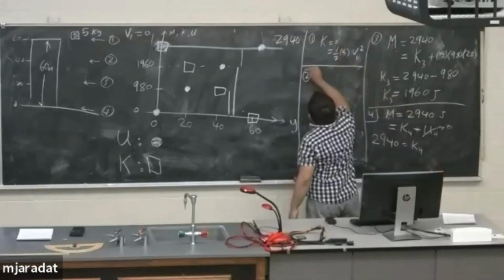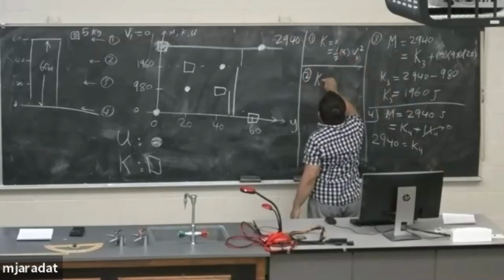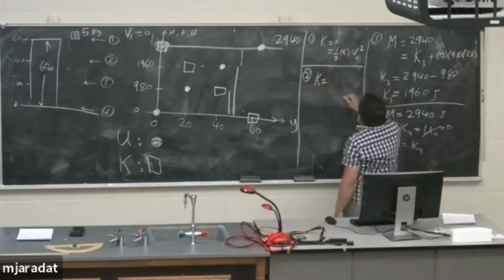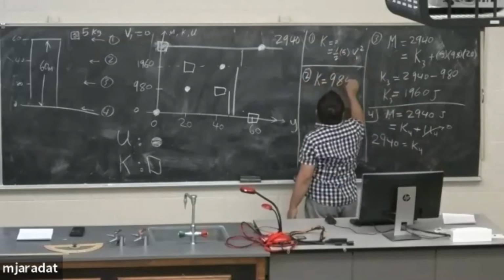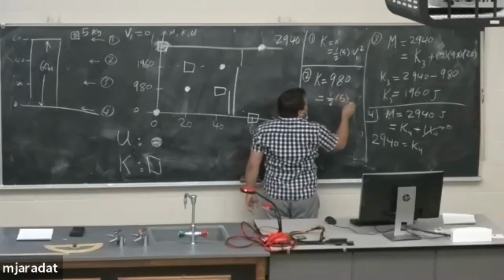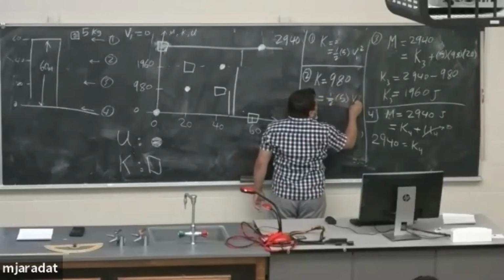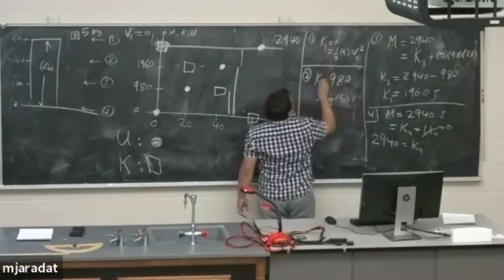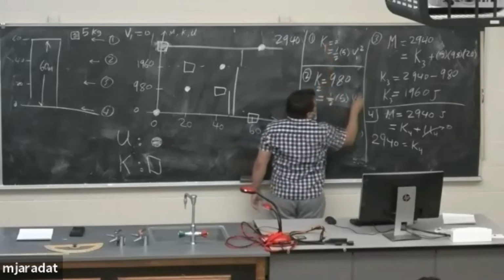What about point 2? Kinetic energy is equal to 980, and it is equal to 1/2 multiplied by 5 times V2 squared. This is at point 1, this is at point 2.